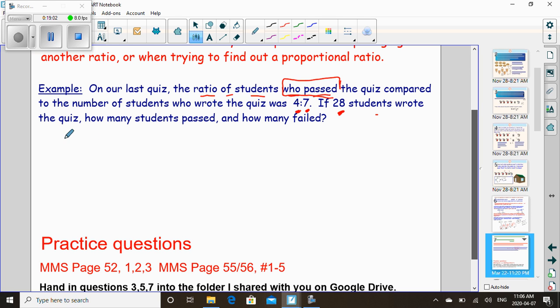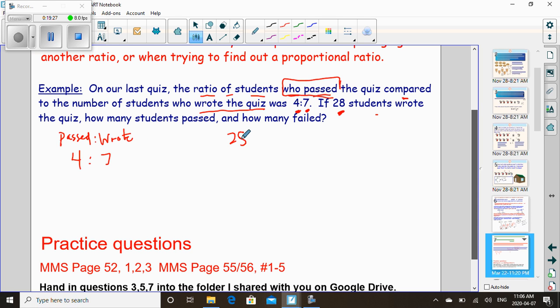So here I'd say passed, 4. Passed the quiz. Compared, there's our colon, to the number of students who wrote the quiz, 7. Well, this is wrote. All right. Now the next thing's 28.